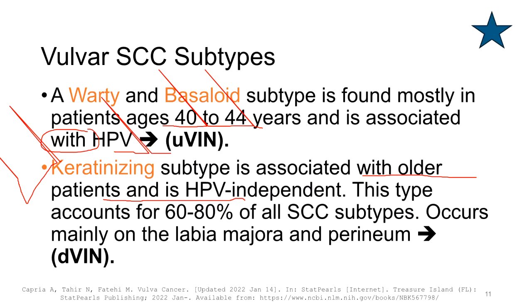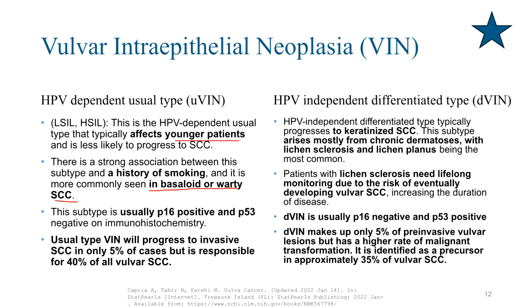In vulvar squamous cell carcinoma we have two subtypes. The usual type is caused by HPV, and it's also called the warty or basaloid subtype. This is common in patients between 40 and 44. The keratinizing subtype is the DVIN and occurs more in elderly patients.